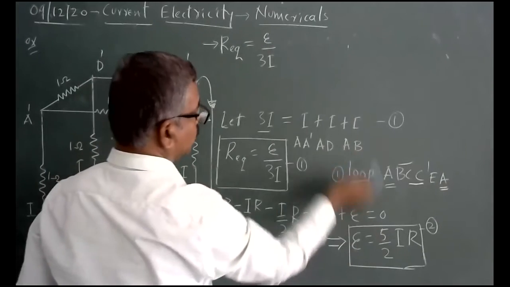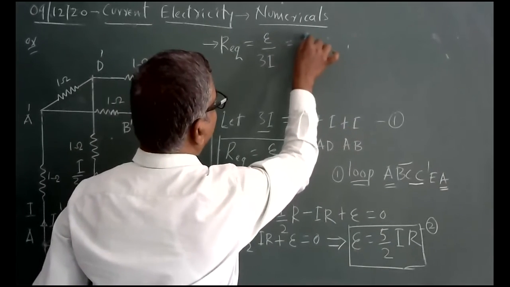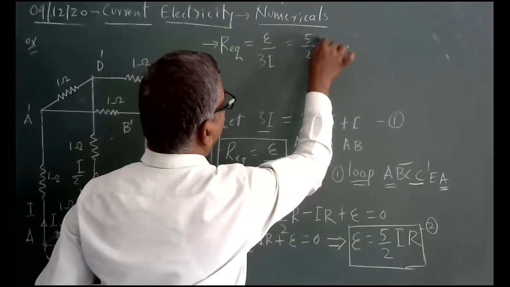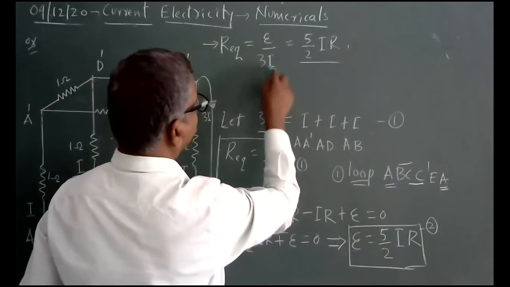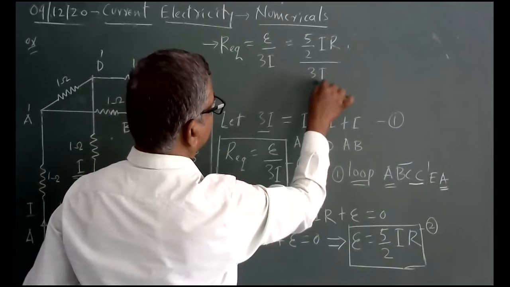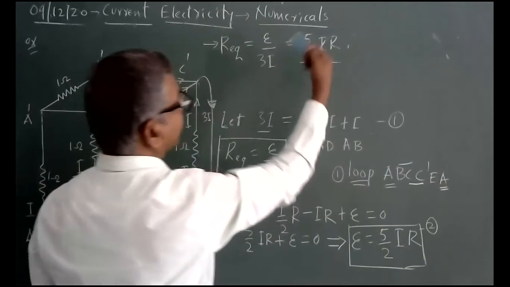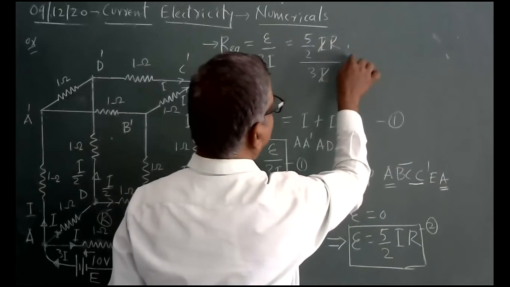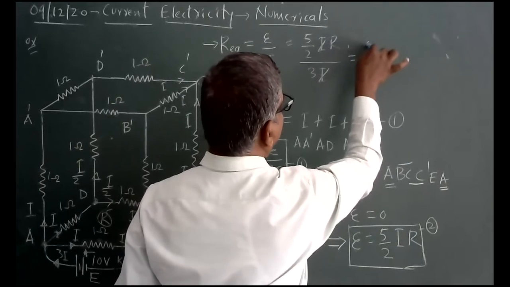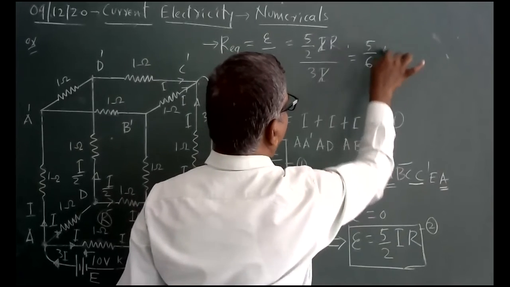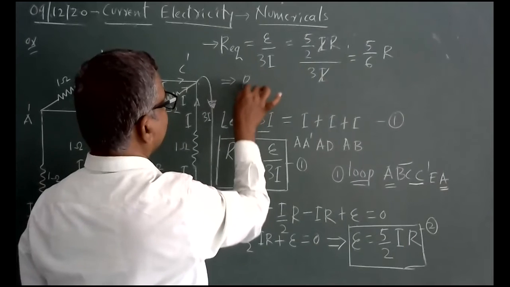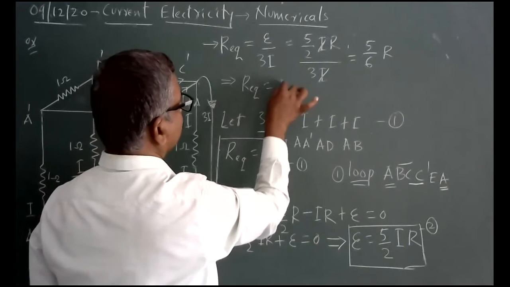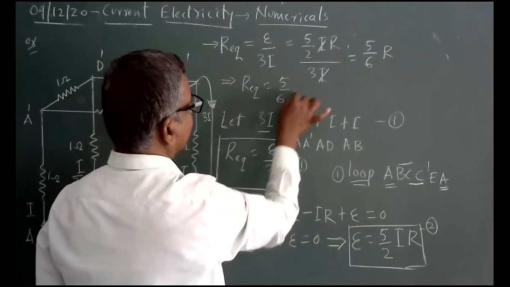From equation 2, EMF equals 5 by 2 IR. In the denominator, you have 3I. I and I cancel. Then finally, it becomes 5 by 6 R. Hence, this implies your R equivalent is equivalent to 5 by 6 R.